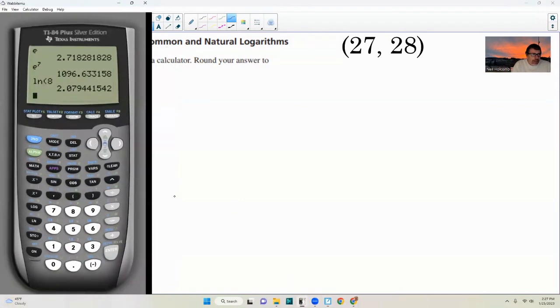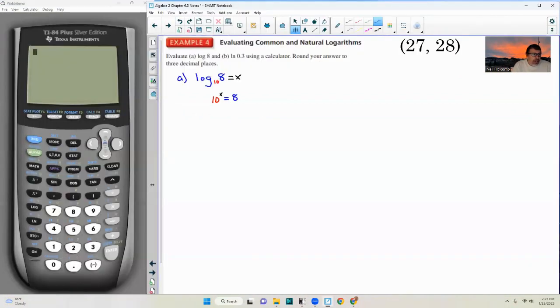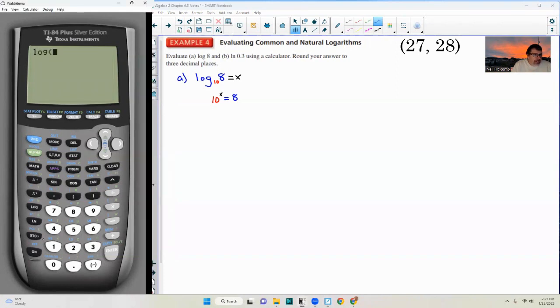So I go to my calculator, clear. Let me minimize this, by the way. There we go. The log button is right here. So you hit log, you hit 8, and you hit enter. As I said, it's going to be less than 1, and 0.9 is less than 1.